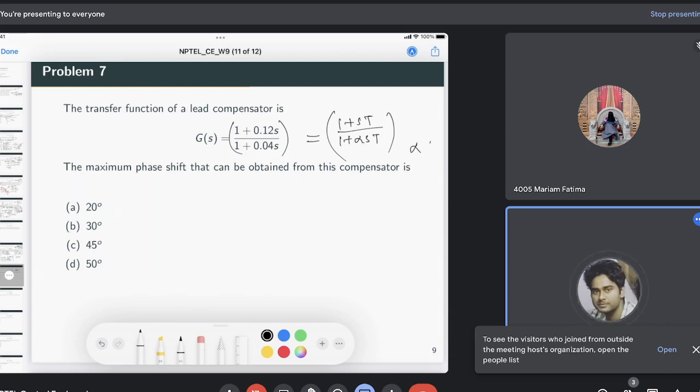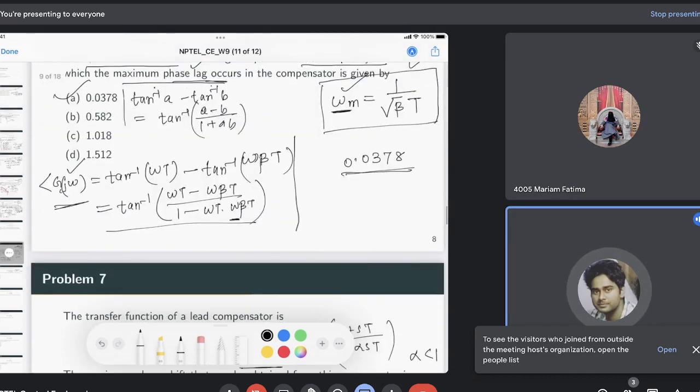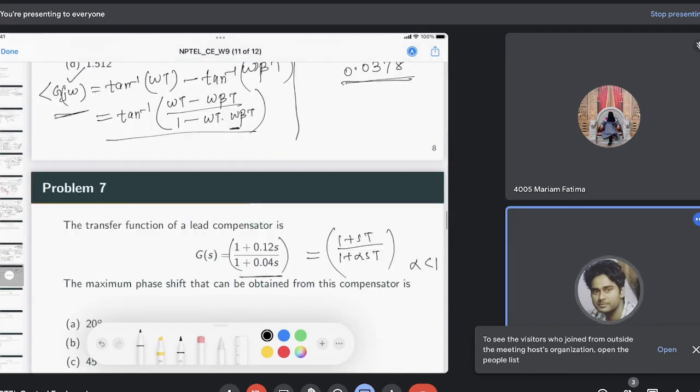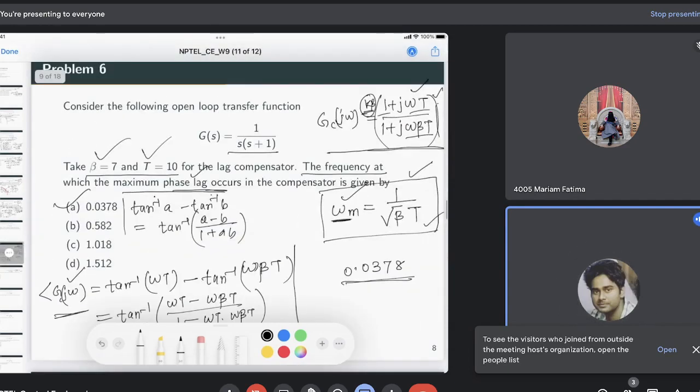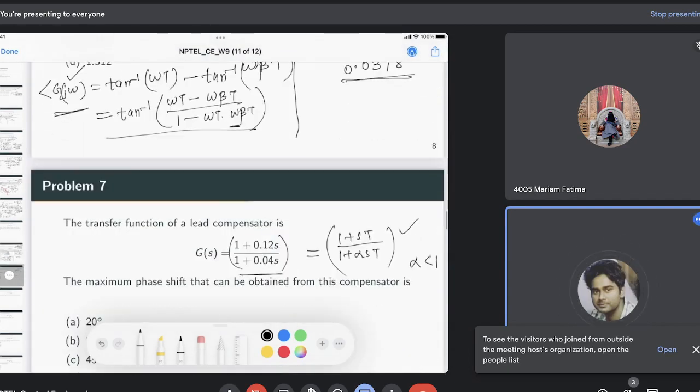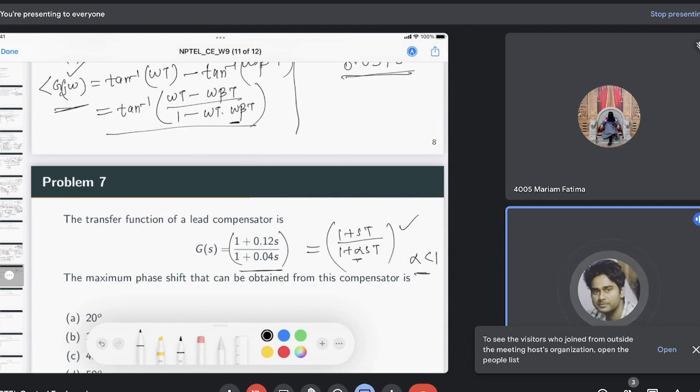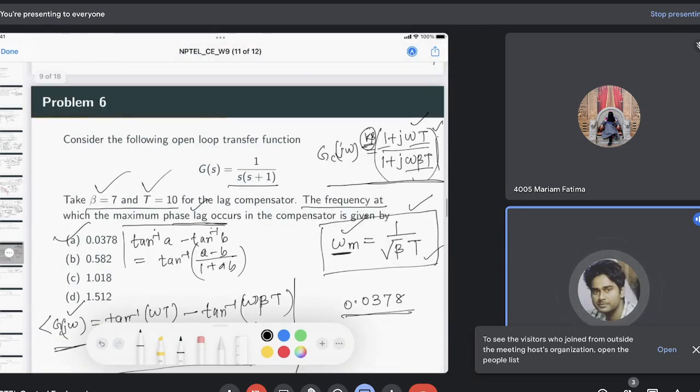Alpha should be less than 1 for this lead compensator. What is the maximum phase shift that can be obtained from this compensator? We already have this formula, and it also works here, because you can see the forms are exactly the same. Only alpha is less than 1 here, whereas beta was greater than 1.